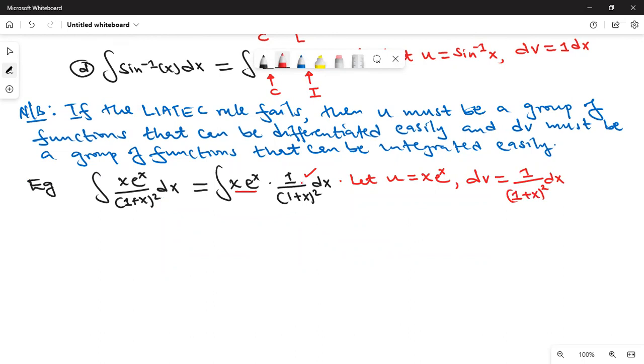Now, I want us to look at some examples on how to apply integration by parts. Maybe 3 examples should be enough. Examples: I want us to evaluate the following integrals.